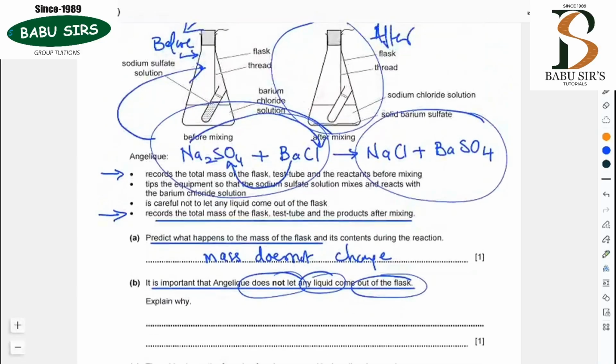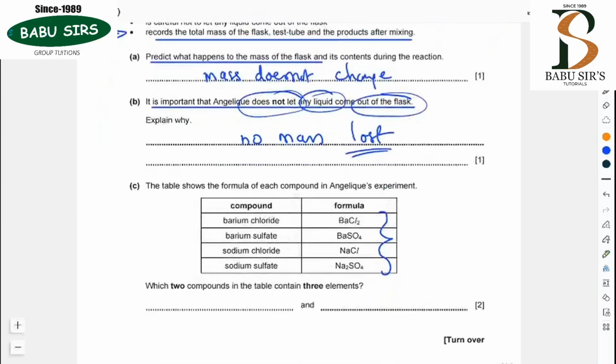So the entire circuit is closed. This is done because there should be no mass lost. That is why the entire circuit is closed, because we want to measure the mass before and after. If anything is open, anything can evaporate or be lost.